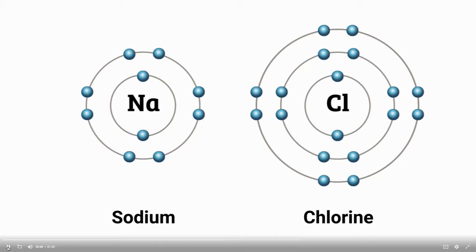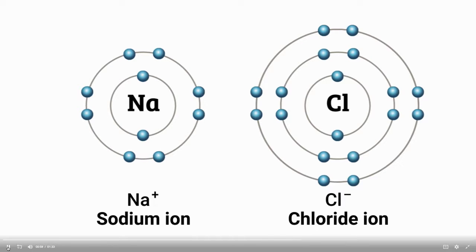There, an electrical force pulled a valence electron from the sodium atom's outermost electron shell to the chlorine atom's outermost shell. Now neither atom is neutral. Both have become ions. With 1 fewer electron, the sodium ion is positive. With 1 extra electron, the chloride ion is negative.